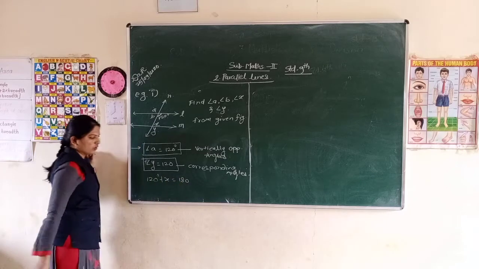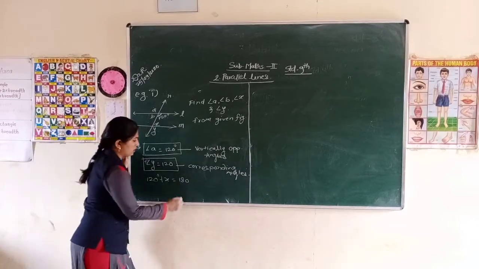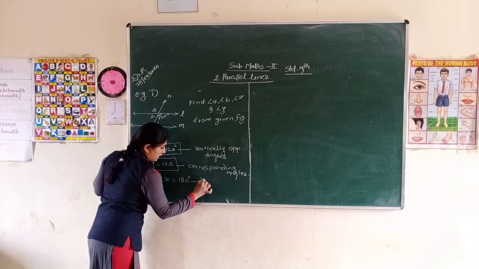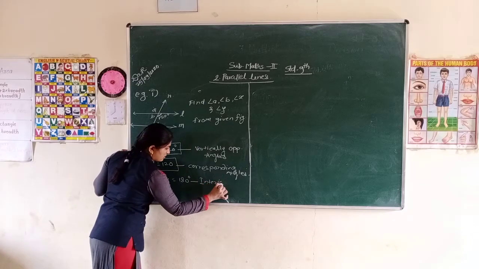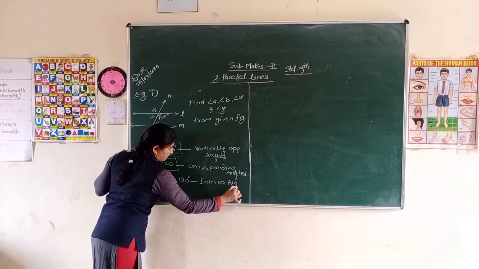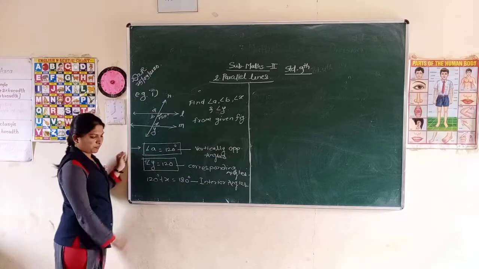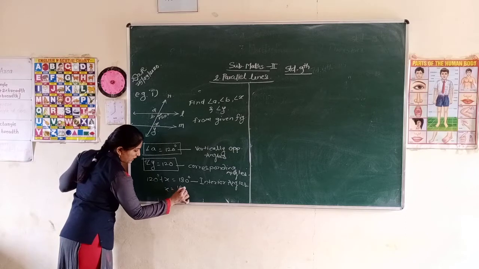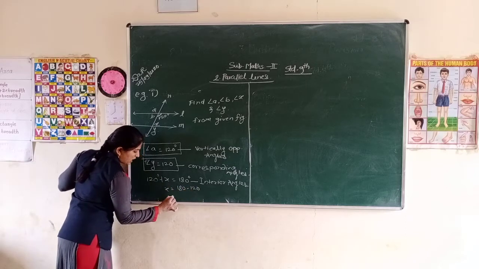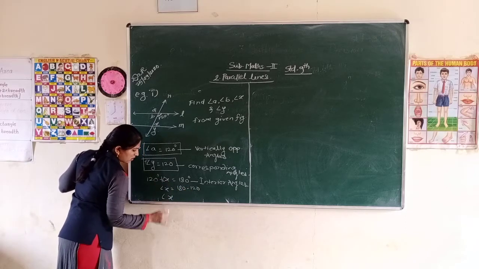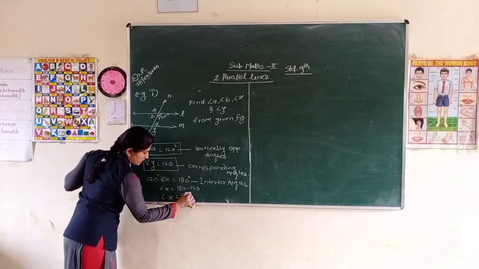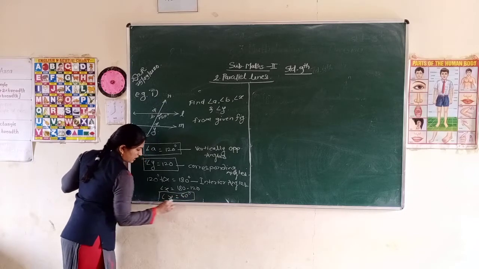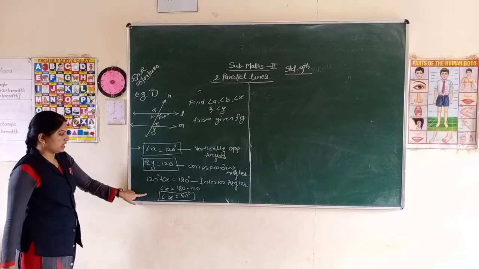Therefore, the addition of both angles is 180 degrees, interior angles. Okay, then X equals 180 minus 120, angle X equals 60 degrees.